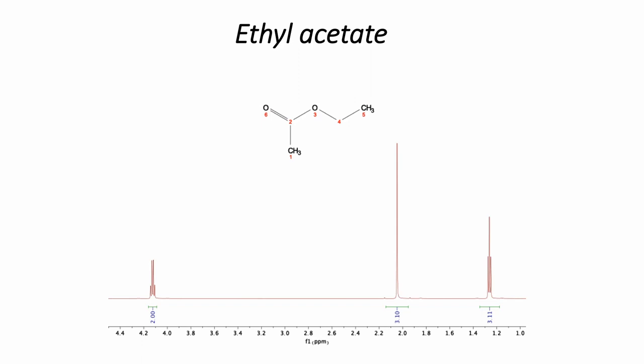It's more important to be able to rationalize where things appear in the spectrum by where they are in the molecule, because that will help you analyze the spectrum better. So if we look at this, we've got 3 peaks. Now, I talked about intensity being one of the properties of the signal earlier.